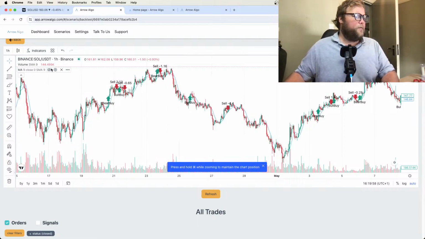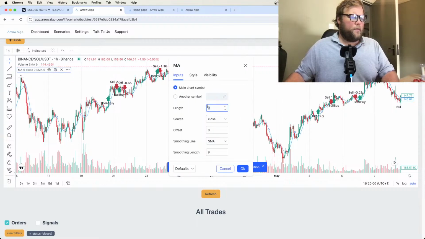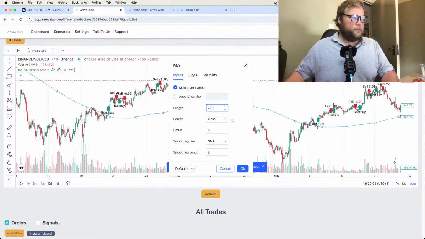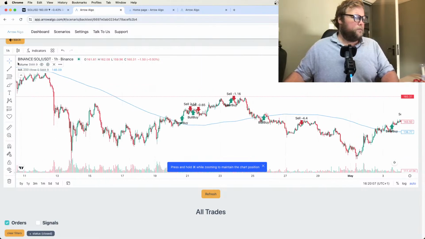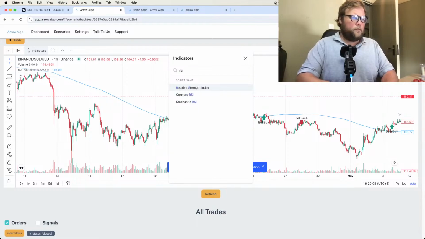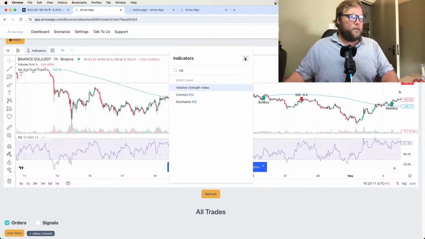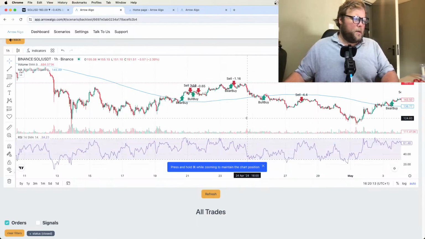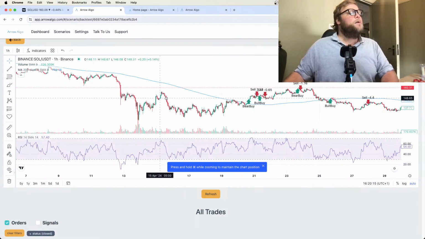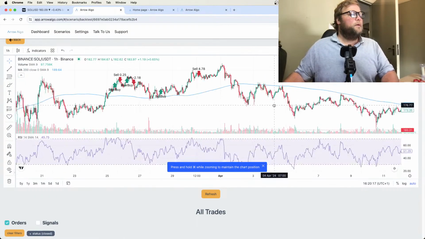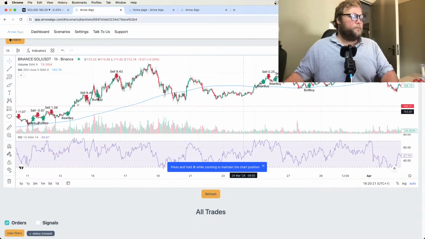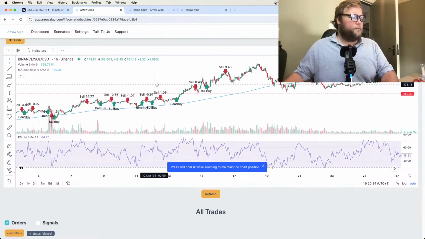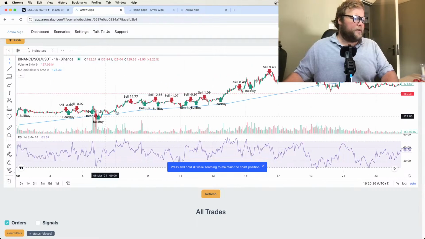Let's overlay our moving average. And our RSI that we've already put in. And again, this type of activity is what we like to see, catching these upswings.